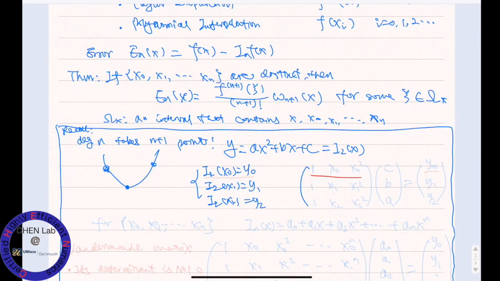So what are we having? We're having this A, B, C. Let me order them like C, B, A. To write down this equation, you're going to get 1 times C, B times x0, and here is x0 squared.